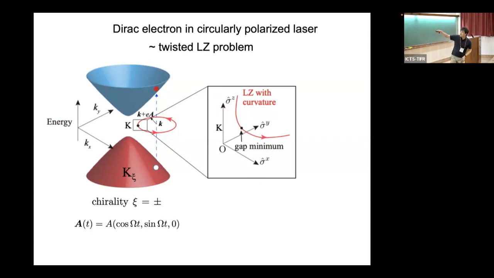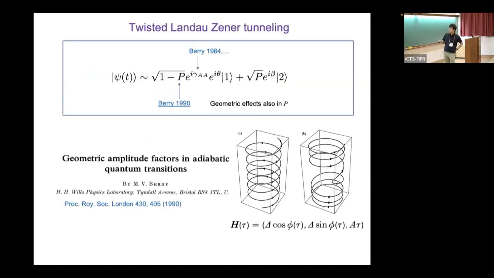I magnify it like here, and let's think of this in the three-dimensional space with Pauli matrices sigma x, sigma y, and sigma z. Actually, this is related to the paper by Berry.